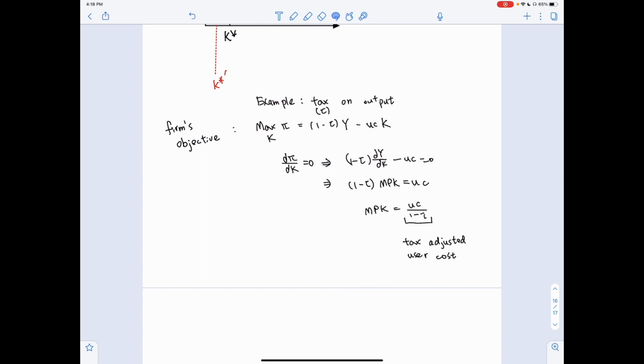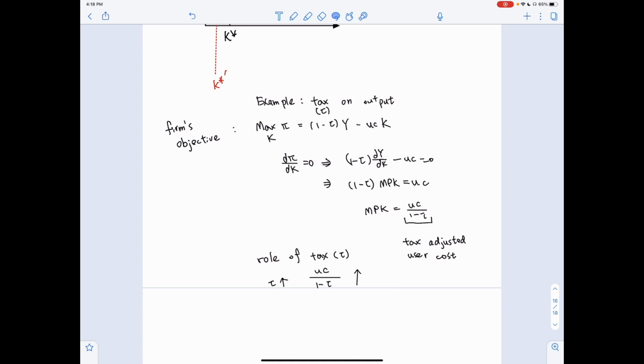Then we can rearrange the equation. We find the decision rule by setting the marginal product of capital equal to the tax-adjusted user cost, that is, the user cost divided by 1 minus tau. So when the tax rate increases, the user cost after tax becomes higher.